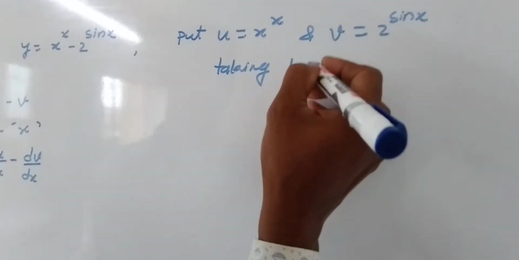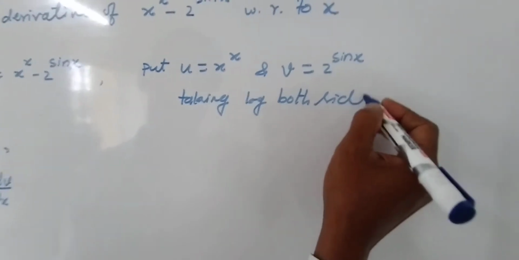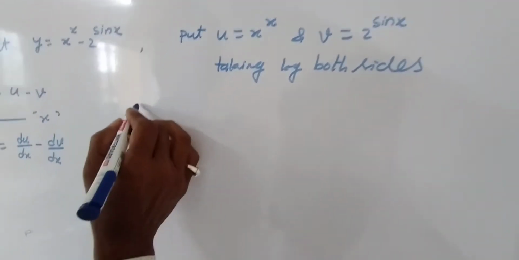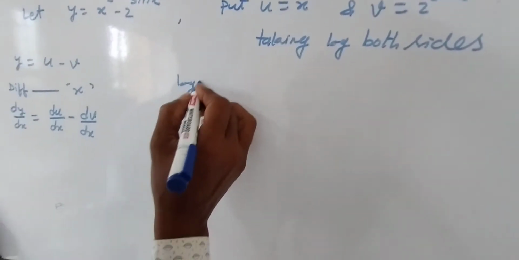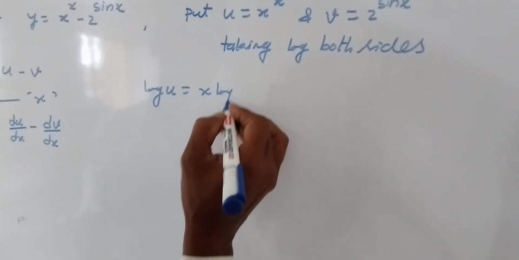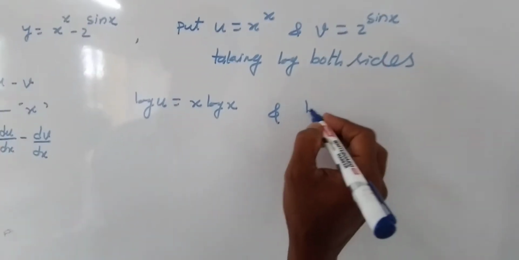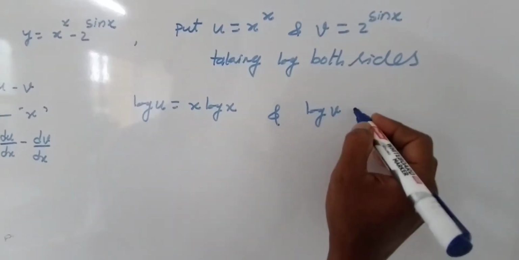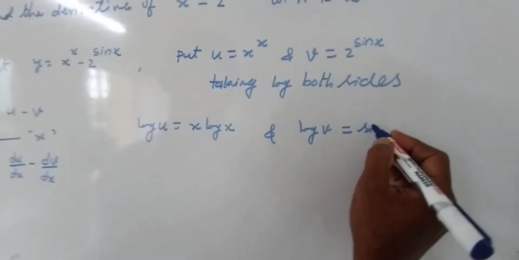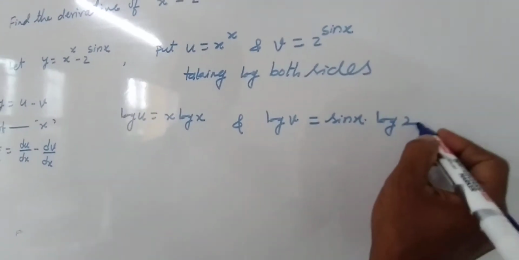Taking log both sides, log u equal to x log x, and second function log v is equal to sin x into log 2.